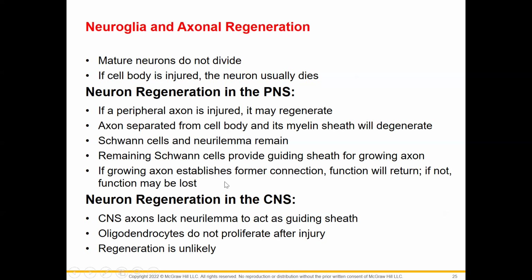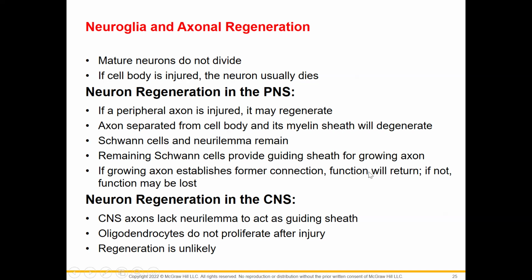If the growing axon does establish those former connections, if it does follow the path of the Schwann cells, then the function that you had before will return. Because the newly regenerated axon is now touching the same structures that it did before, that function will return.